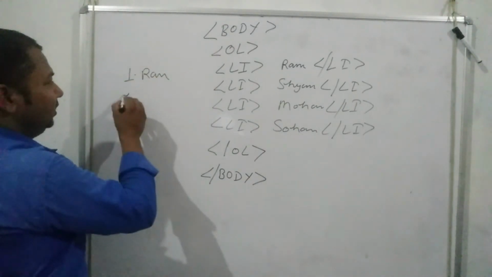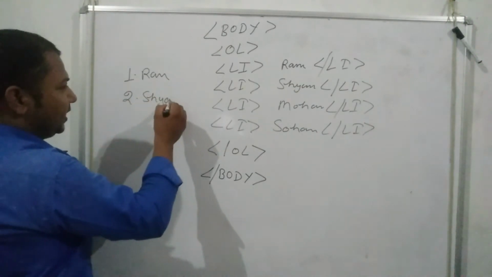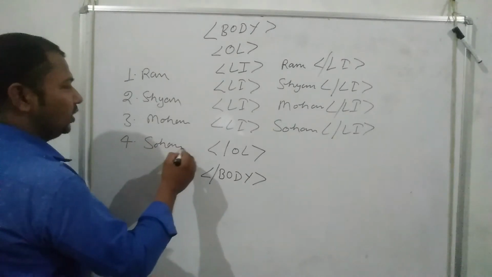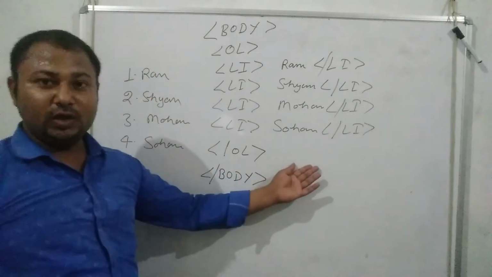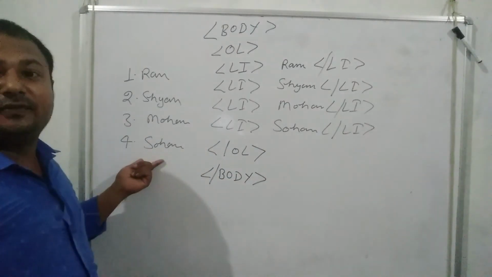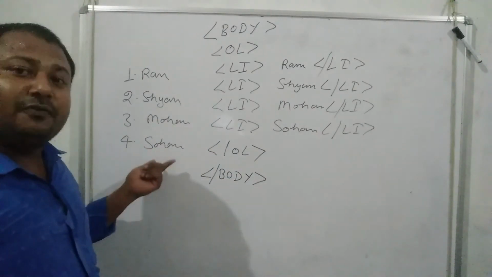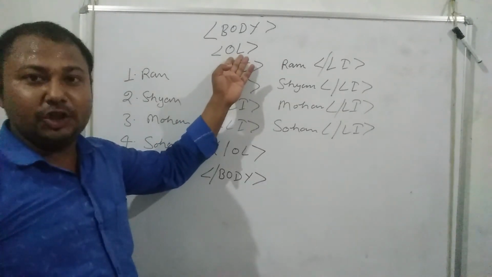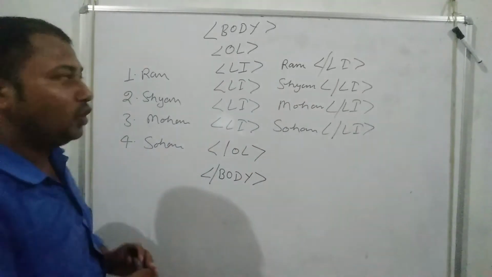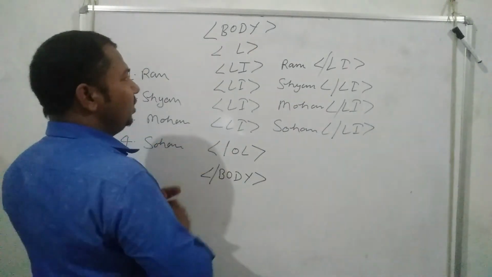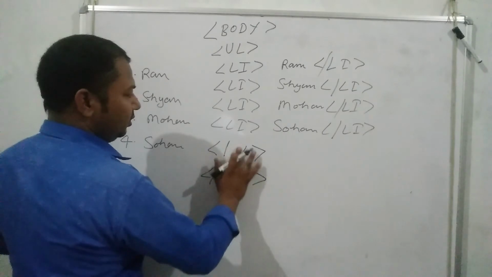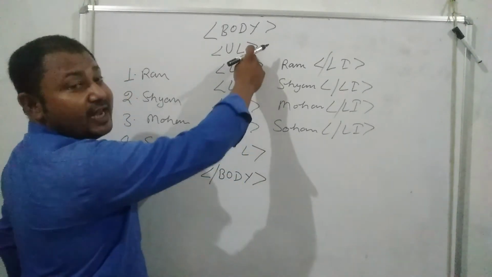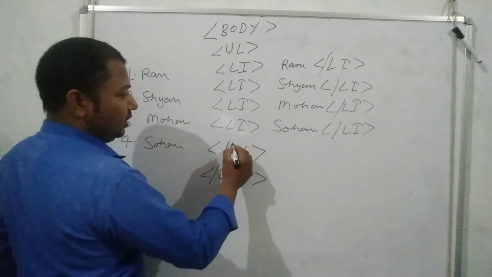When we run this code, the output will appear in this format. Like 1 is Ram, 2 is Syam, third one Mohan and fourth one is Sohan. This code will give this kind of output. When we use UL, it means unordered list. UL will start here and the same tag will close at the end of the list.